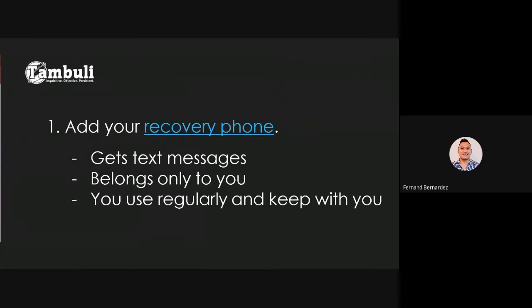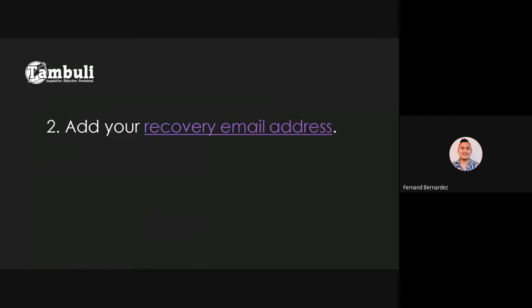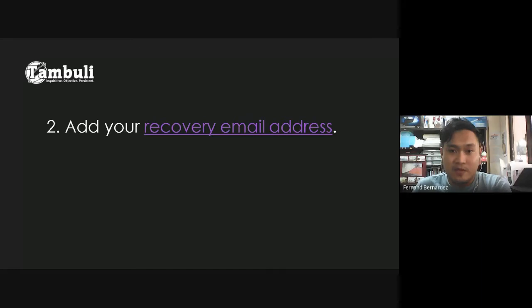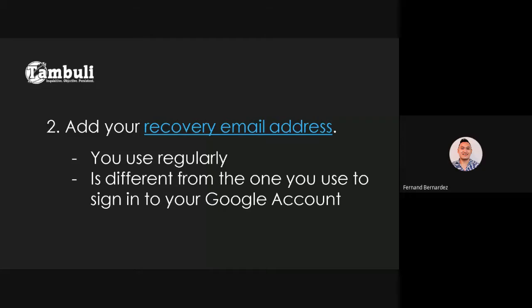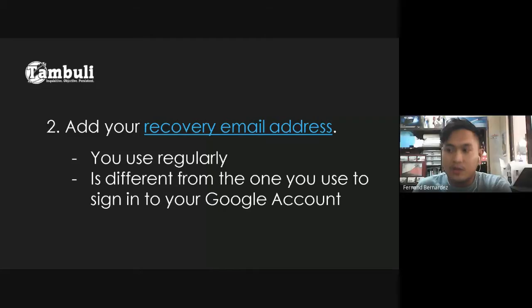The other step is you need to add as well your recovery email address. Okay, again, you need to add your recovery email address by accessing this link. While I'm accessing it, make sure to choose an email address that you can use regularly, that is also different from the one you use to sign into your Google account.